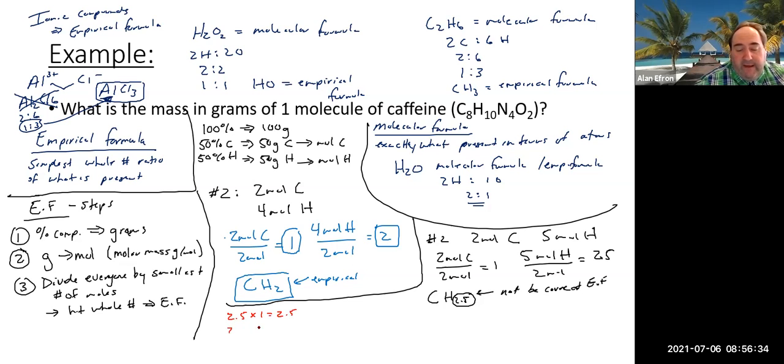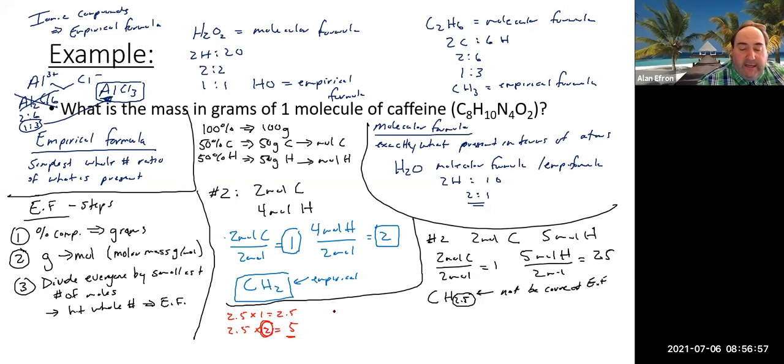If I take 2.5 and times that by 2, that does give me a 5, which is a whole number. Now, the important part is, even though 5 is the whole number, the factor by which we want to multiply the empirical formula is 2.